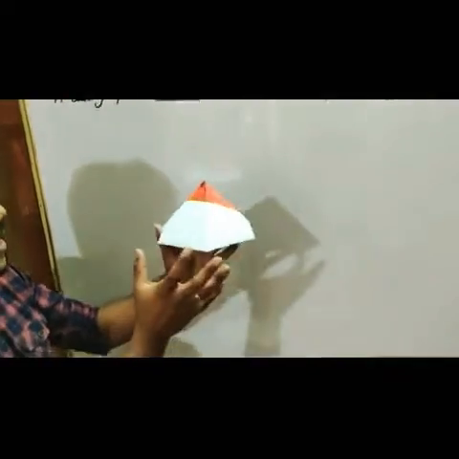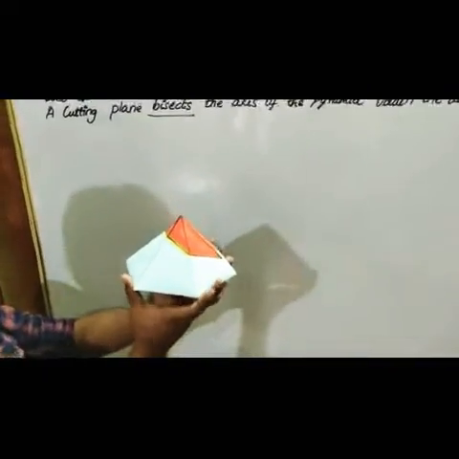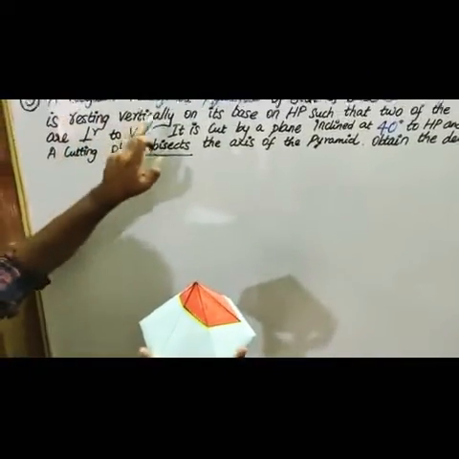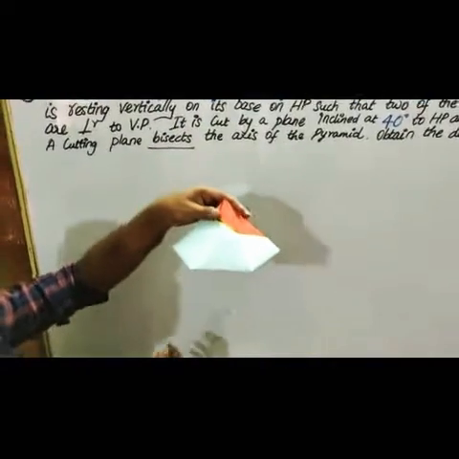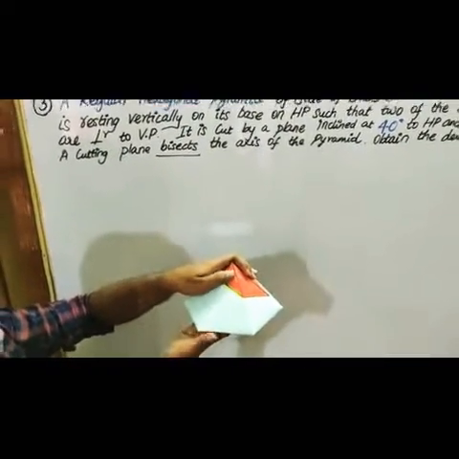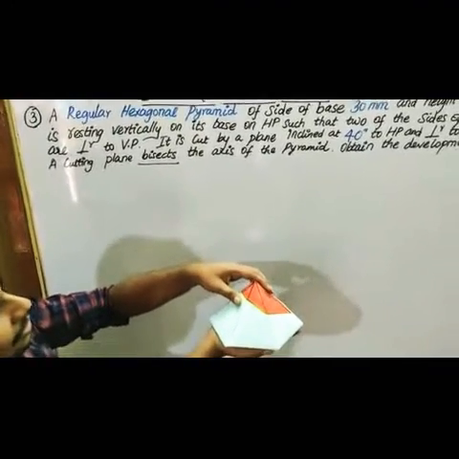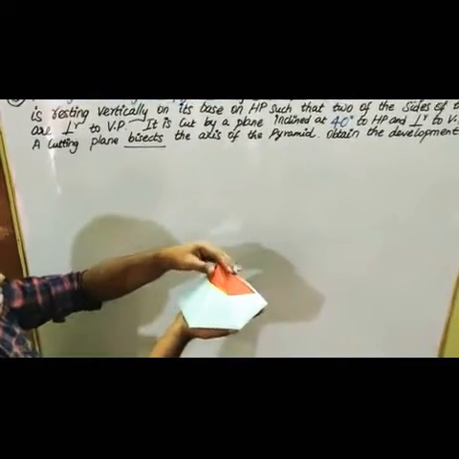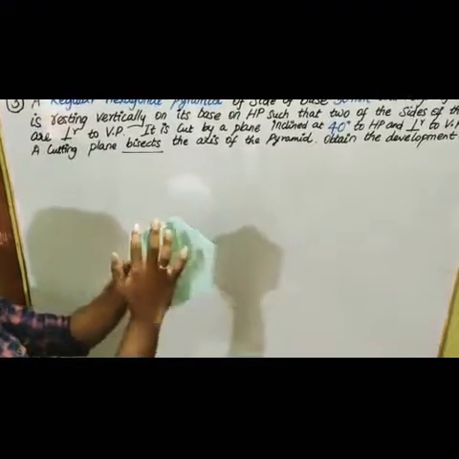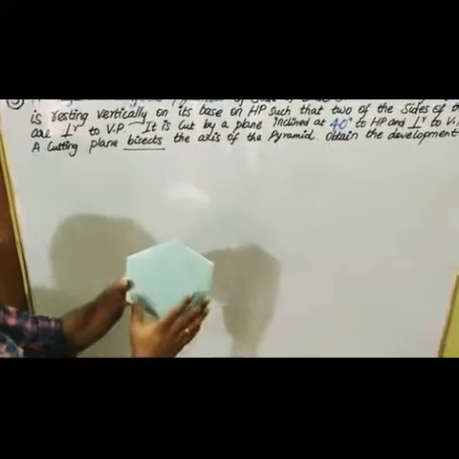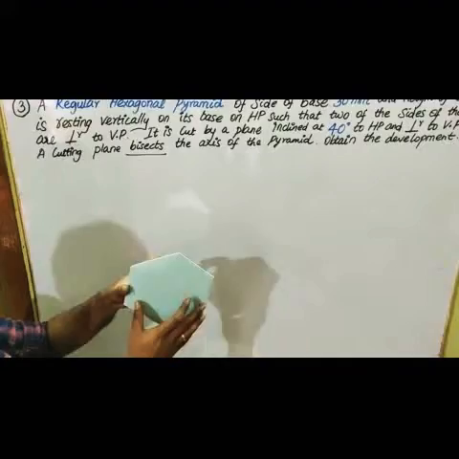So now how are they placing the pyramid? That is very important. It is resting vertically on its base. So this is the vertical position of the pyramid on HP. It is placed on HP such that two of the sides of the base, there are 6 sides of the base available, any 2 sides are perpendicular to VP.